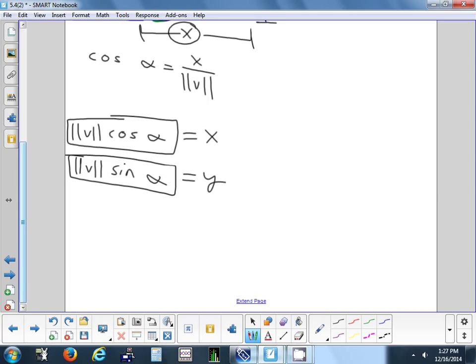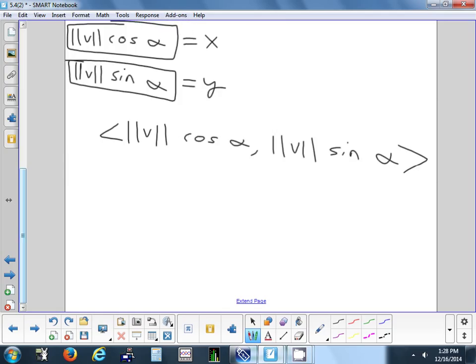So now we can write a velocity vector. All you need are the two components. So first one, magnitude v cosine alpha, magnitude v sine alpha. But as I said before, the angle bracket notation isn't used as much. So instead, let's write it with i and j. It's almost the same thing.